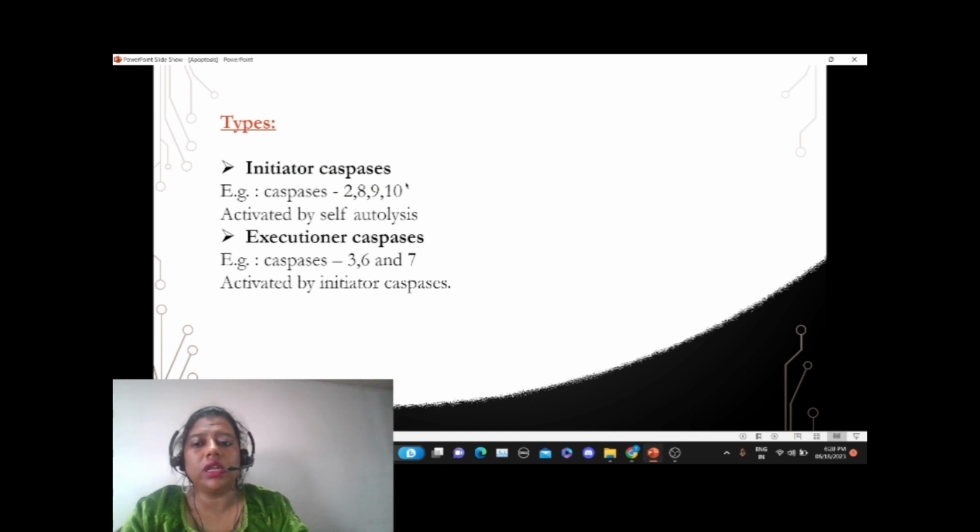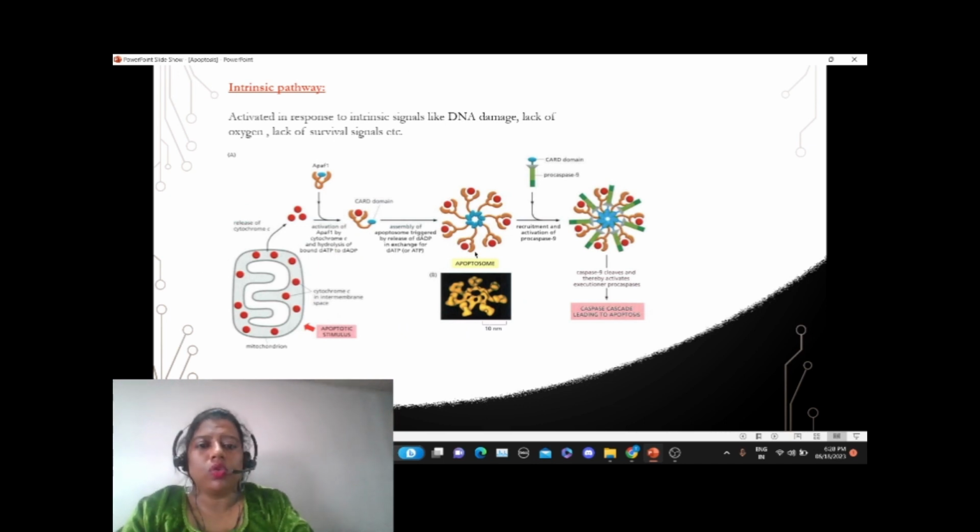It will initiate the process of apoptosis. So this apoptosome activates procaspase 9. Procaspase 9 combines with the heptameric apoptosome, and then this complex will activate executioner caspase, mostly procaspase 3, and finally the damaged cells. There is a cascade of events and the damaged cell undergoes apoptosis.